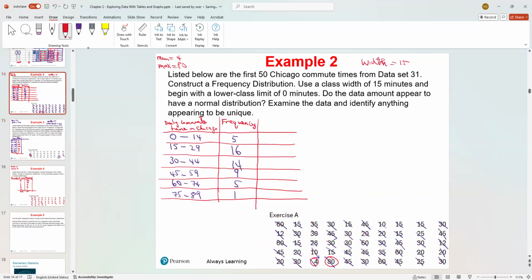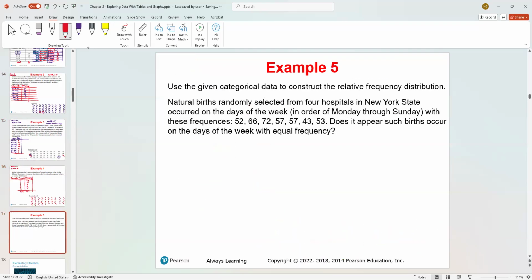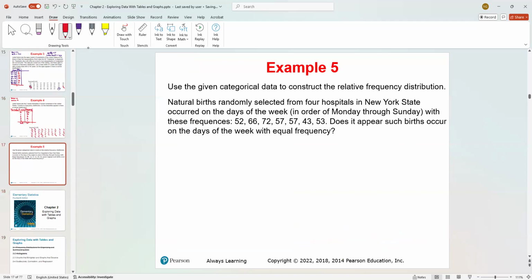The previous one was about commute times, again quantitative data. But the last one is about qualitative data, because it says use the given categorical data to construct a frequency distribution. In this case, we focus a lot on constructing frequency distributions.